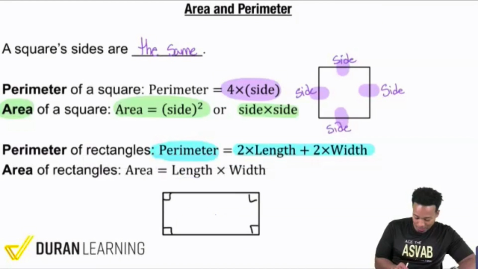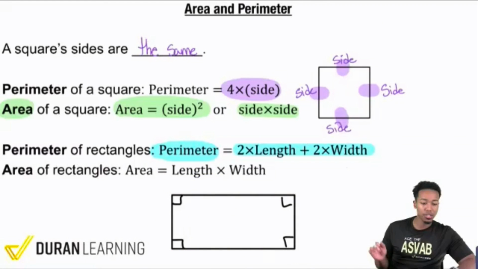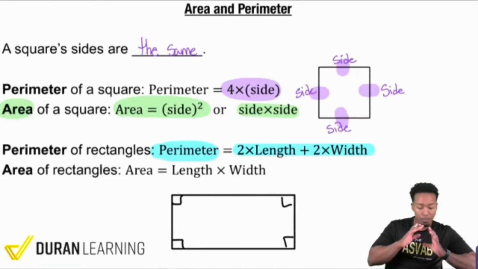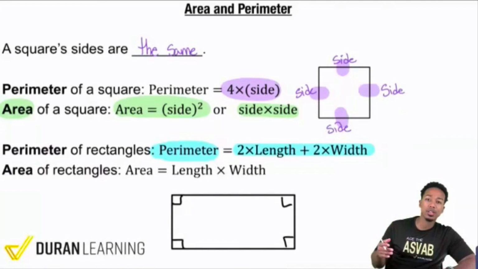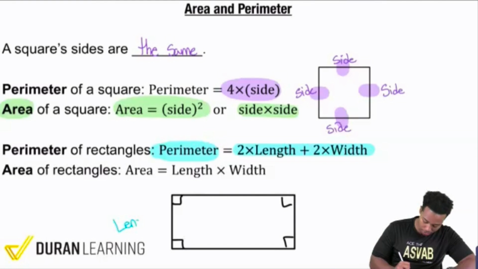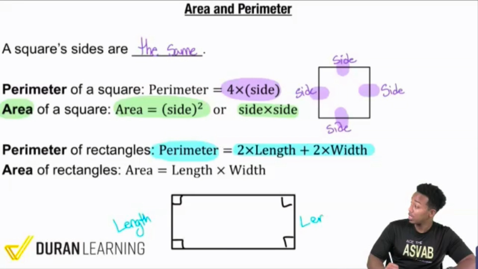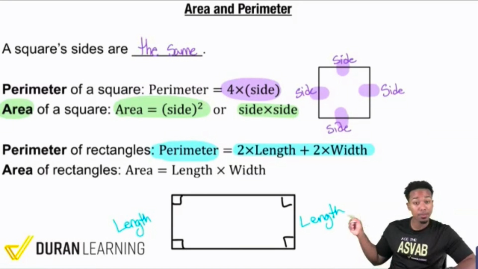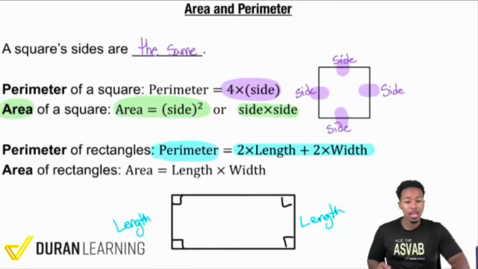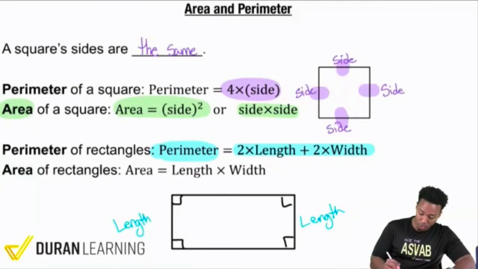So with that, let me go ahead and explain to everybody how this is going to work here. Because as Maya perfectly stated, a rectangle has 2 lengths. So we can say a length right here. And everybody, remember, with a rectangle, the opposite sides are the same. So if this is the length, this over here is also the length. This over here is also the length. And so with that said, you got 2 lengths, 1, 2.